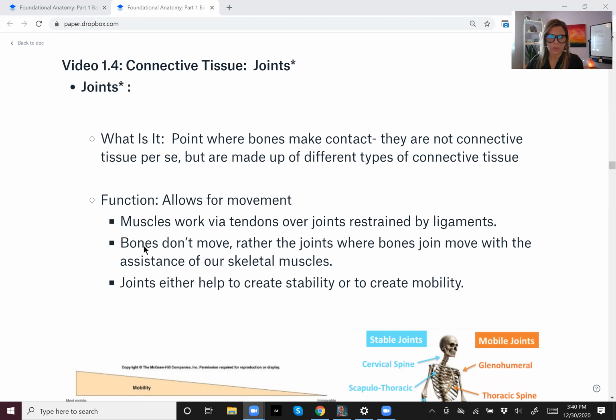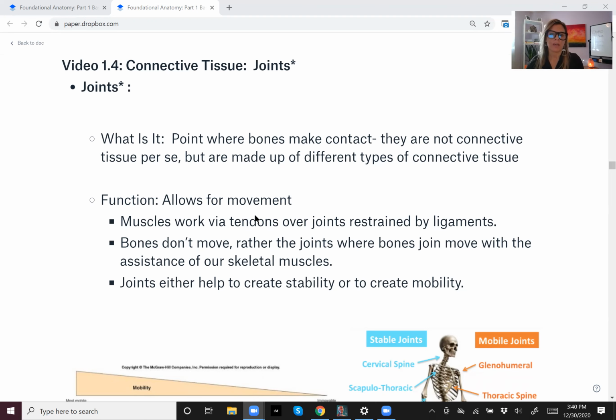And like we said, bones don't move, but the joints where the bones join move with the assistance of our skeletal muscle. And this is a really important concept. So joints can either help to create stability or create mobility. So there are places in our body where we actually want to have more stability versus more mobility.